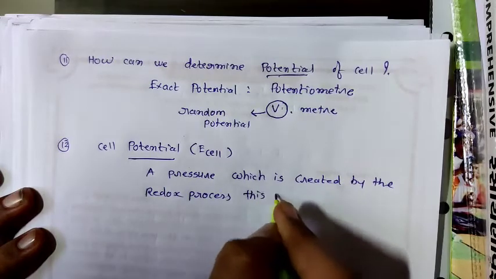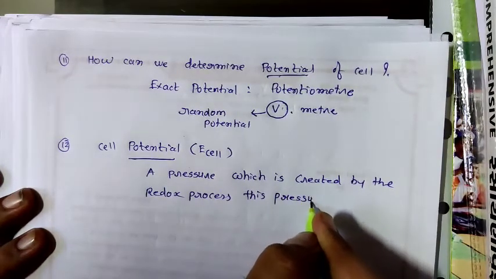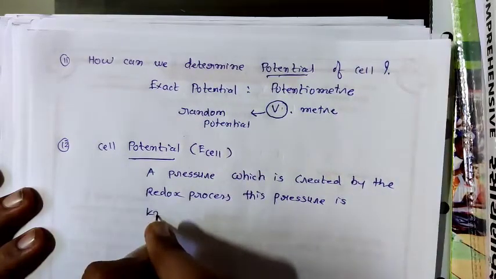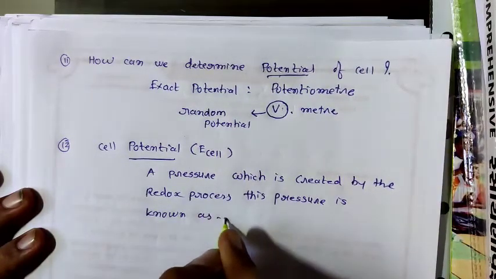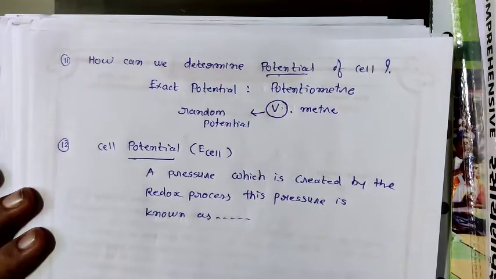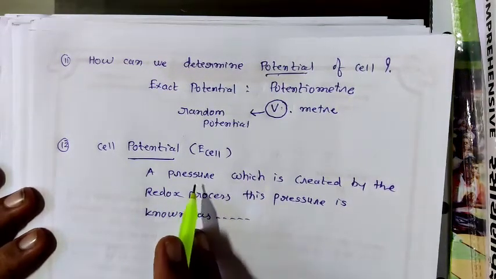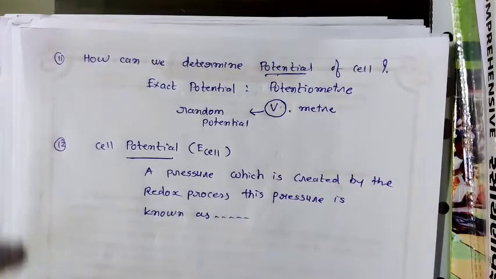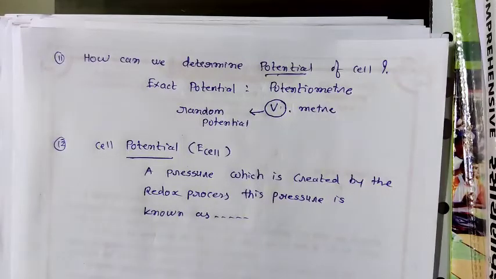This pressure is known as cell potential, E cell. That means E cell is just one type of pressure, because when pressure is created, at that time one substance will lose its electrons and the other one will gain these electrons. So this is known as cell potential, E cell, a pressure which is created by the redox process. We can easily determine the cell potential with the help of a potentiometer.